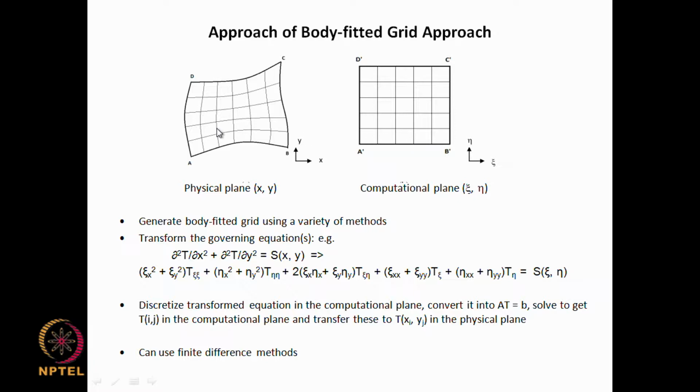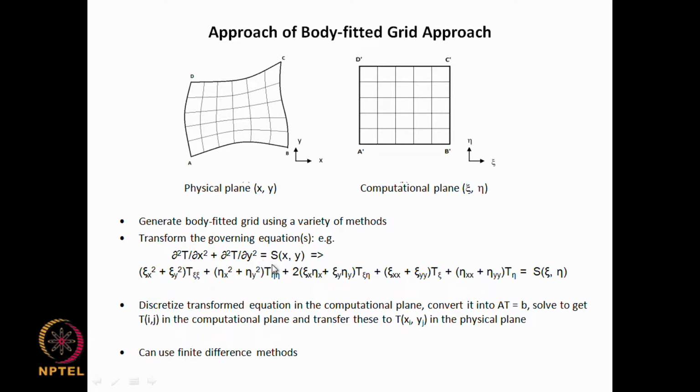as we move from the physical plane into the computational plane, the equation gets transformed from derivatives with respect to x and y into derivatives with respect to psi and eta.